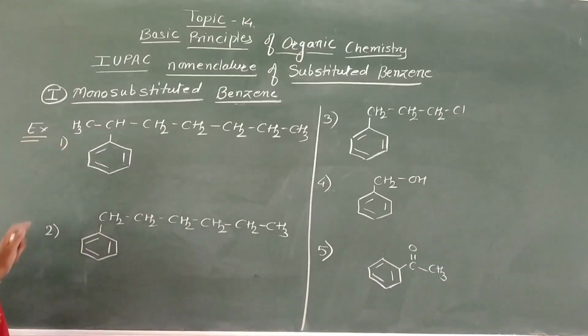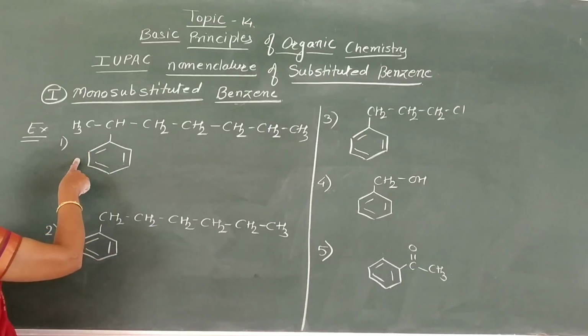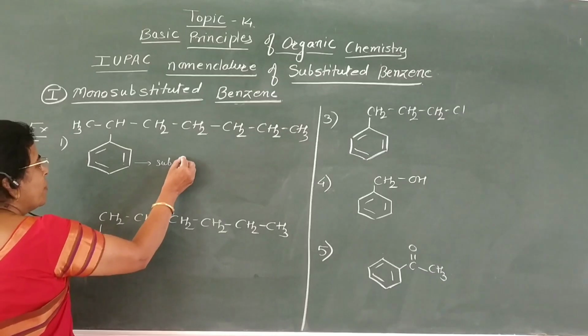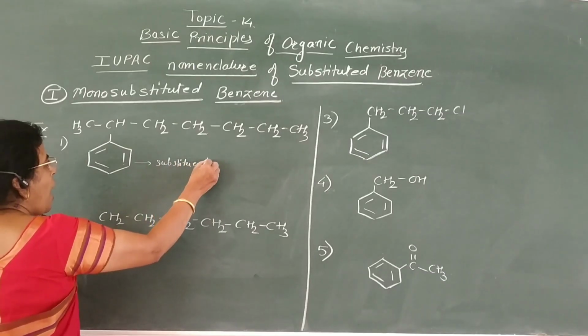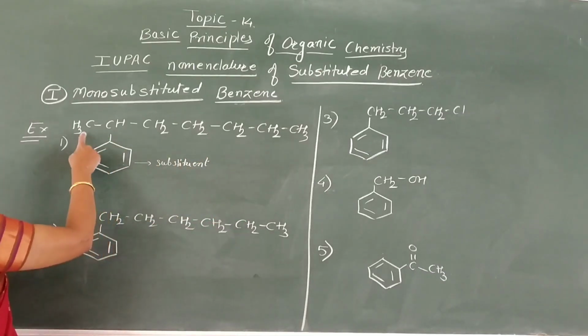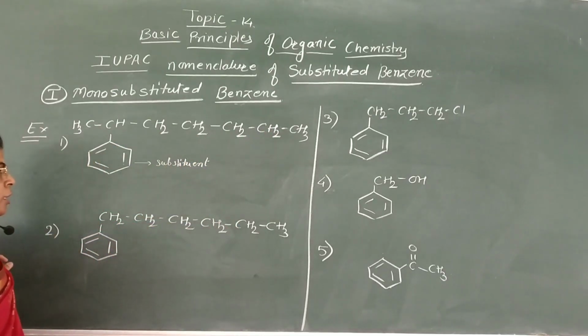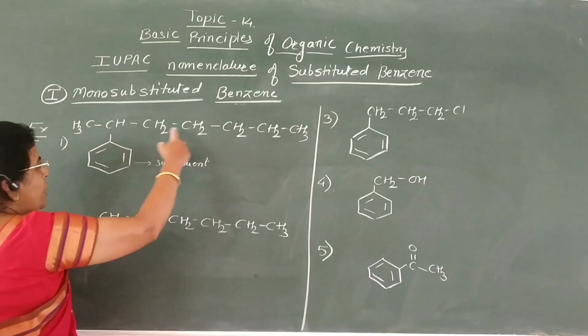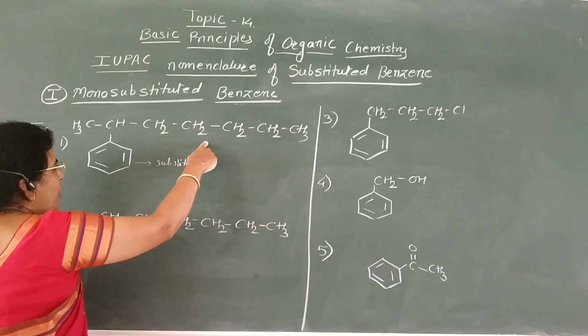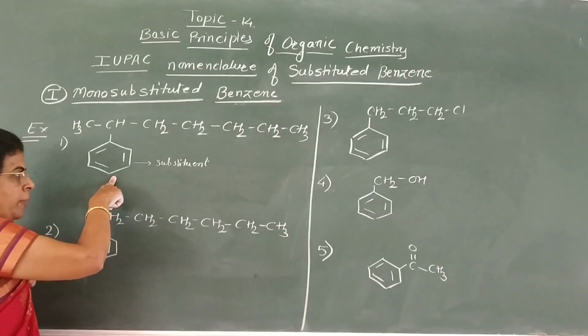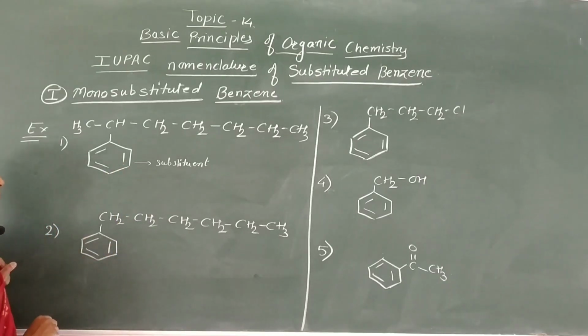Look here, in this example, the benzene ring is taken as a substituent of this alkane. Here there are 1, 2, 3, 4, 5, 6 and 7 carbon atoms. Therefore, this alkyl group has more carbon atoms, that is 7, than the benzene ring. The benzene ring possesses only 6 carbon atoms.